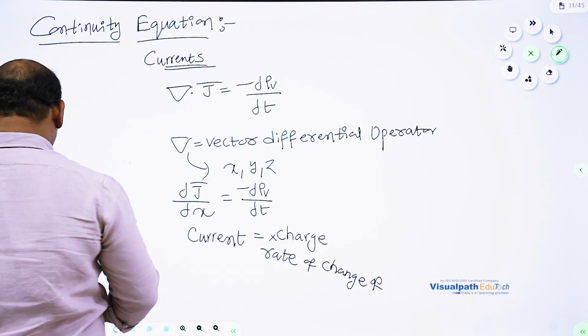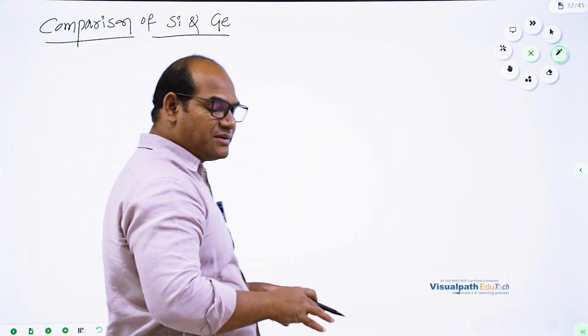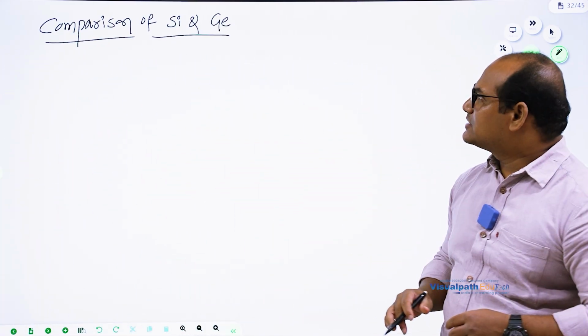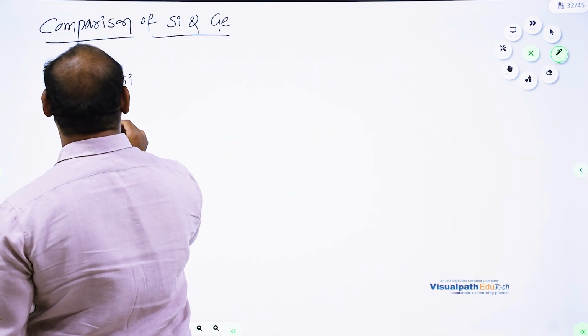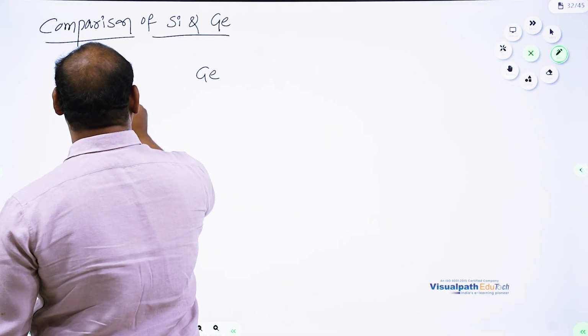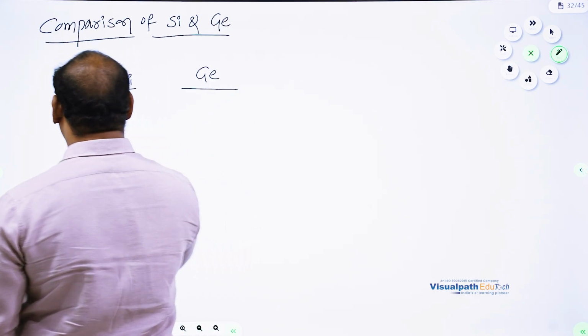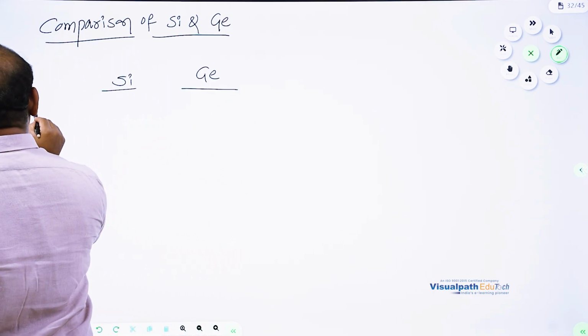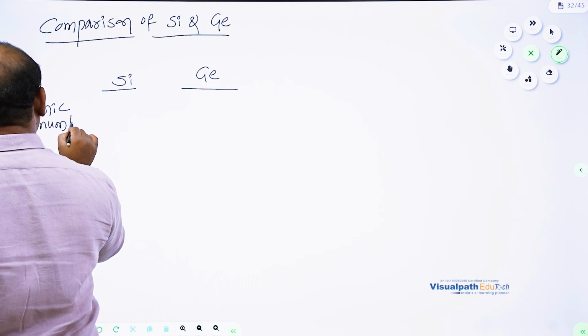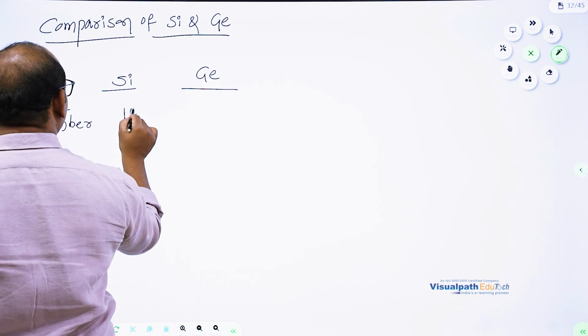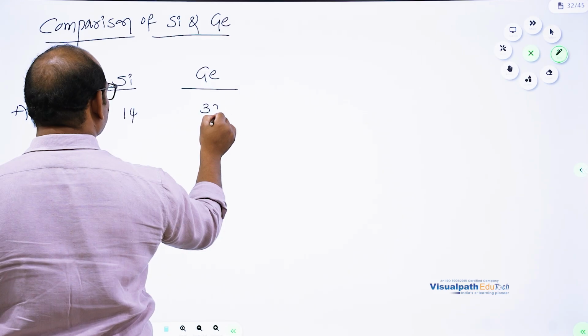Then we will compare silicon and germanium in various aspects. So silicon and germanium I am taking. If you take atomic number, for silicon it is 14, for germanium it is 32.